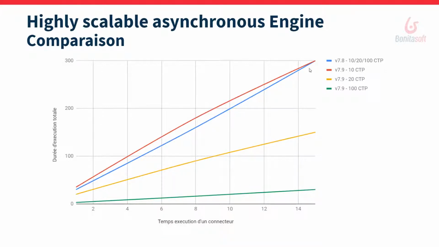It's the blue line. No matter what the size of this pool was in 7.8, it was still the same timing. But now in 7.9, if you increase this pool size, you see that the overall duration of execution is shorter, even when the duration of execution of a connector increases. This is more obvious for long connector execution times.